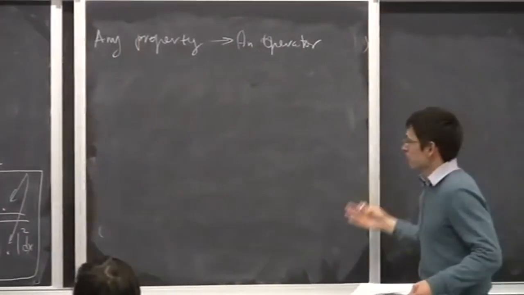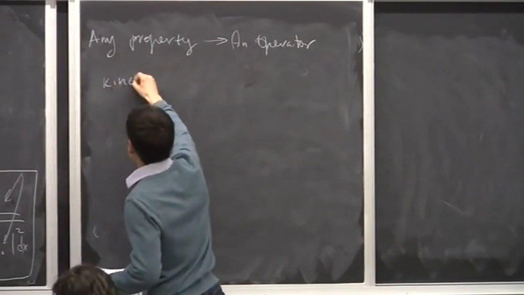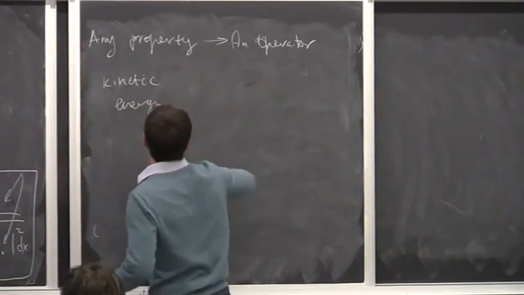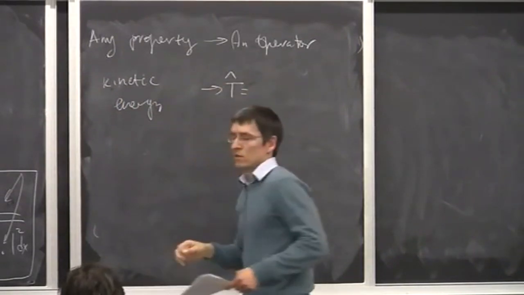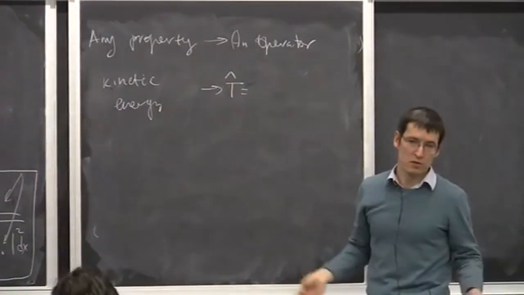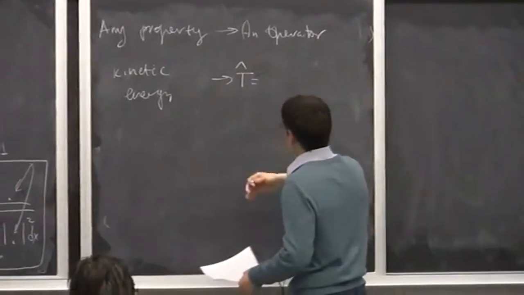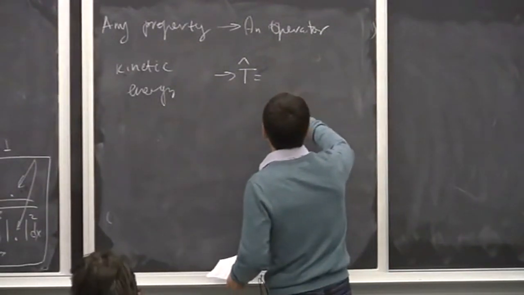And say the kinetic energy, as an example, has an operator T, and there are actually few operators we will be dealing with in this course, so there will not be many. So hopefully at the end of the course you will know all of them by heart.